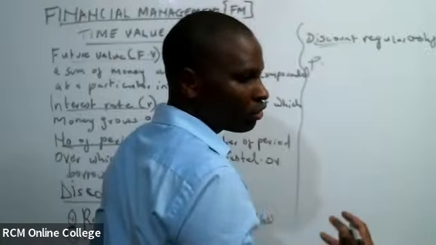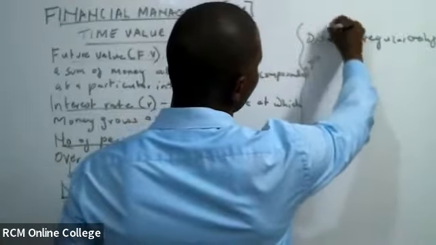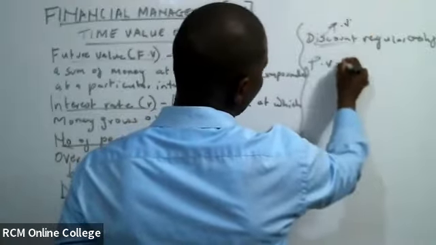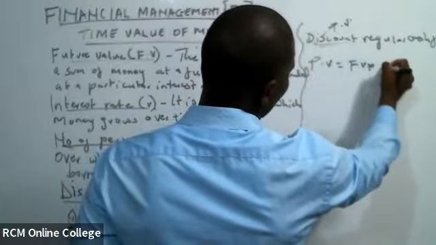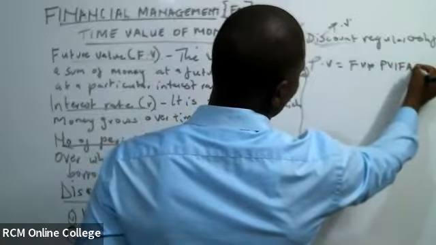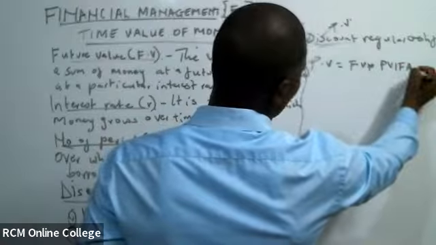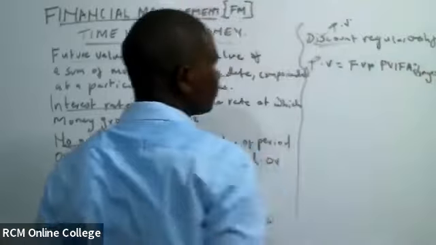Compound means the examiner wants you to get the future value. So the present value will be given by future value times, for regular, PV-FAR, R% and n years.